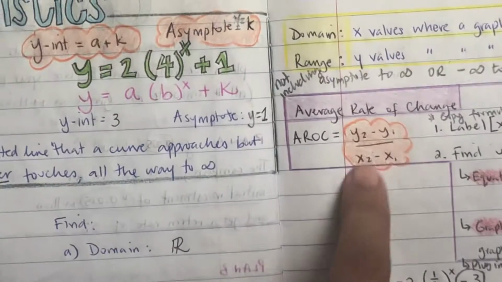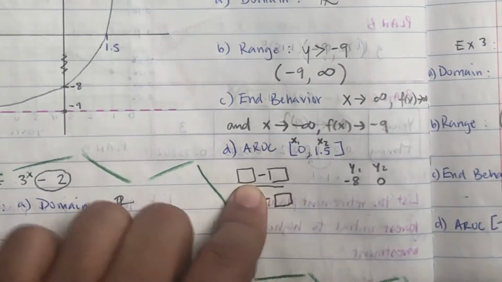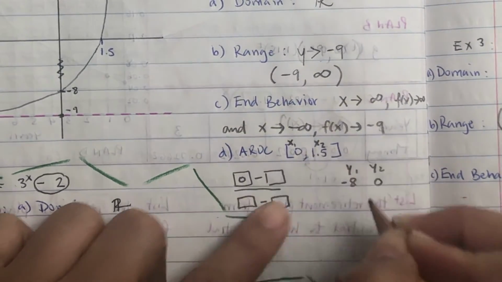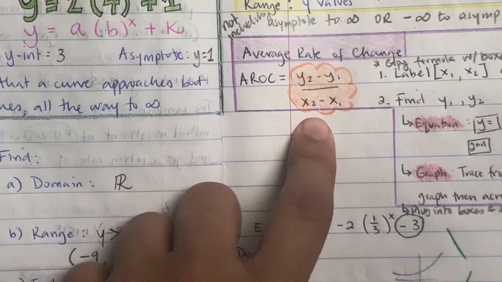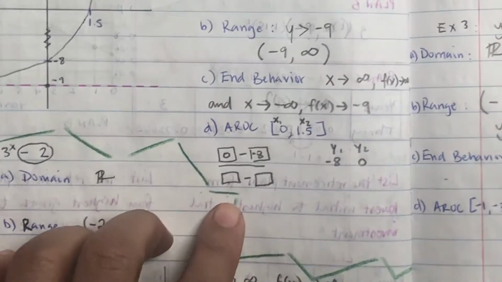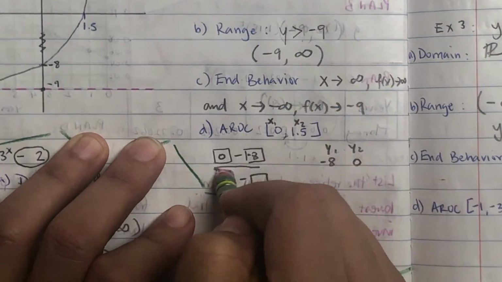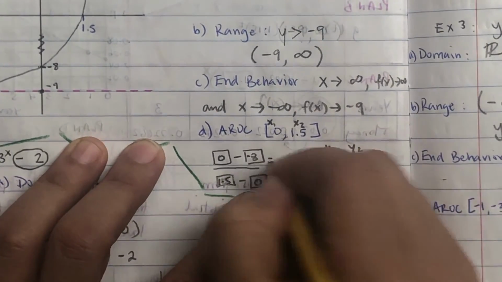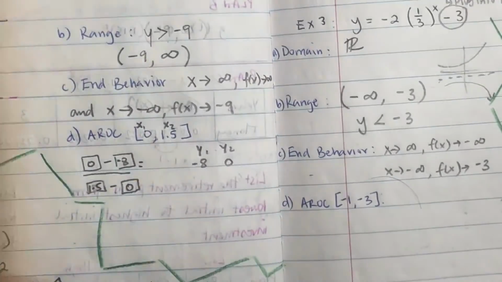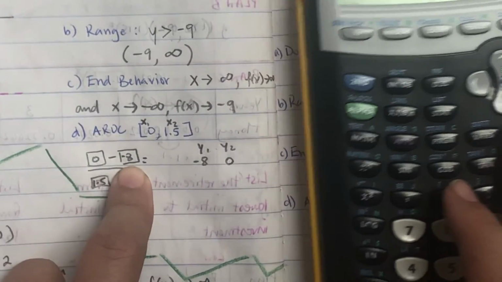So we're plugging in what we just found. Y2 and then y1. Here is y2, which is 0, and y1, which is -8. Then x2 and then x1. So x2, which is 1.5, and x1, which is 0, and solve. You just punch it into the calculator. 0 minus -8 is 8.